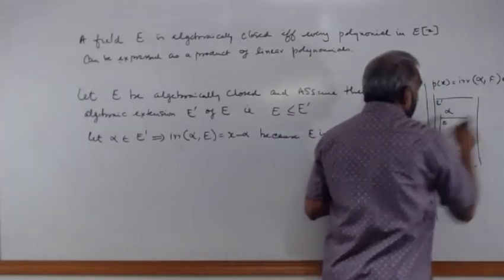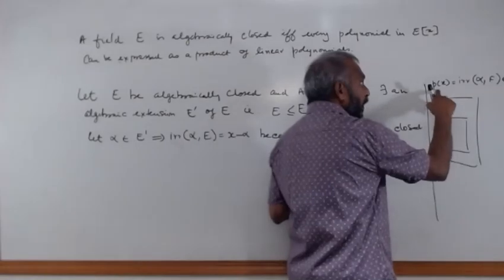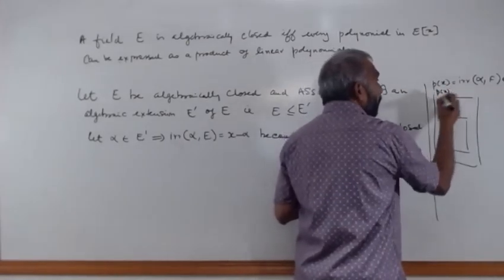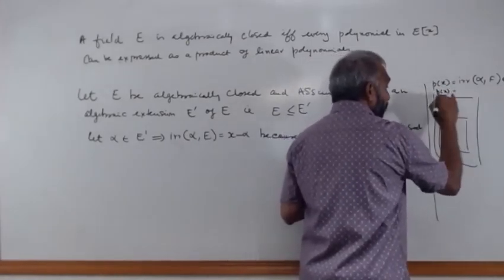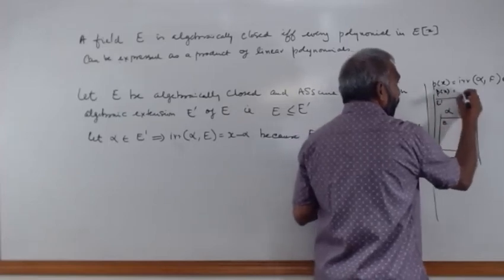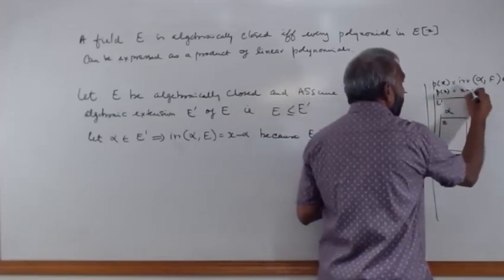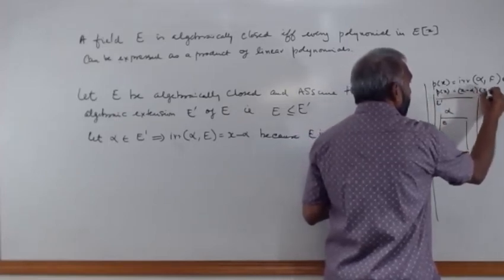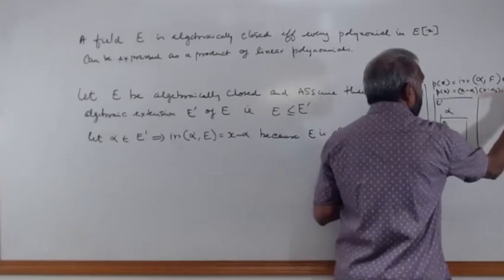Then E is algebraically closed. That means P of x can be expressed as a product of linear factors. So that means x minus alpha 1, x minus alpha 2, up to x minus alpha n.